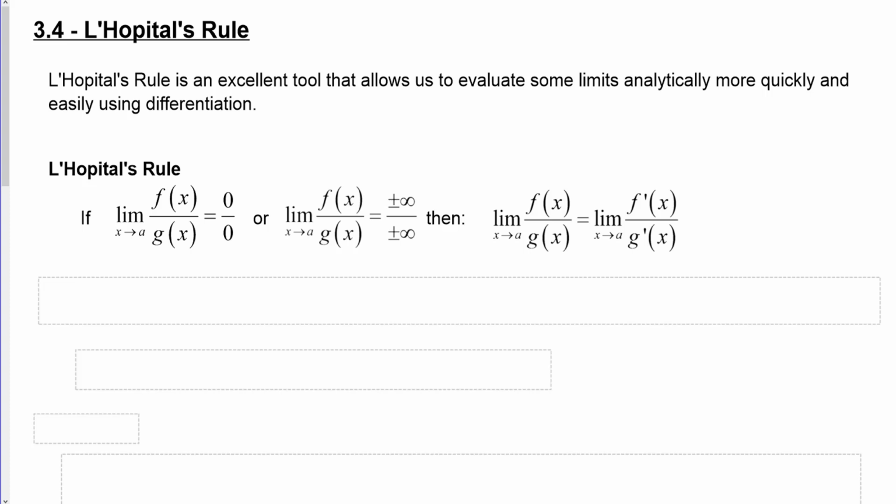And I want to point out here, this isn't the derivative of the entire function, it's the derivative of the numerator divided by the derivative of the denominator. So no quotient rule is needed here. This is a really nice rule.